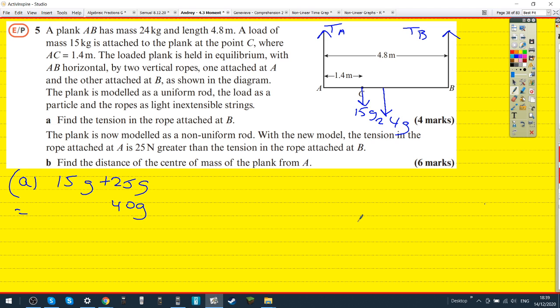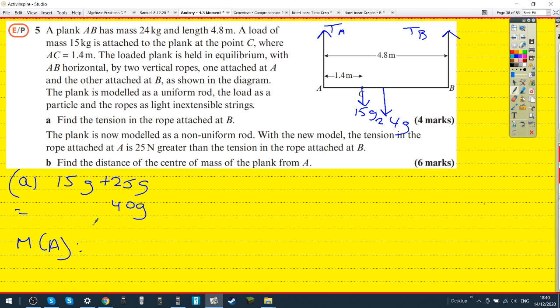Okay. You could take moments about A. So am I just do like TA times 1.4 or something?